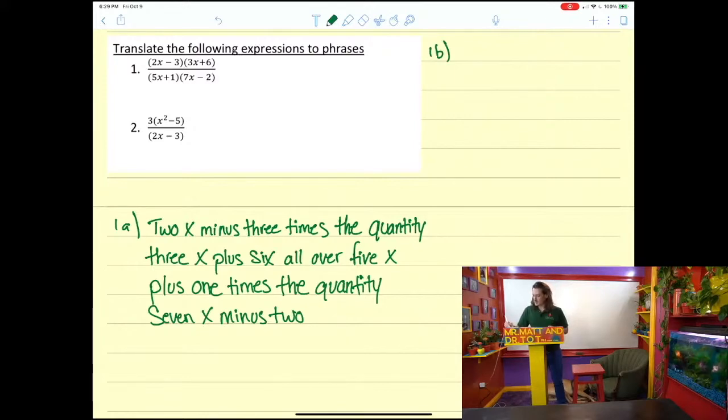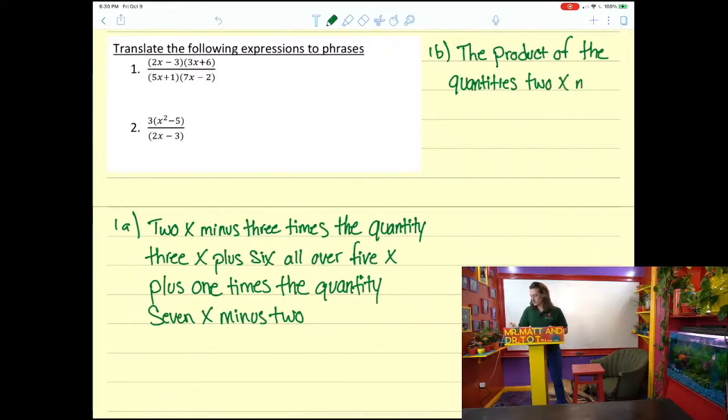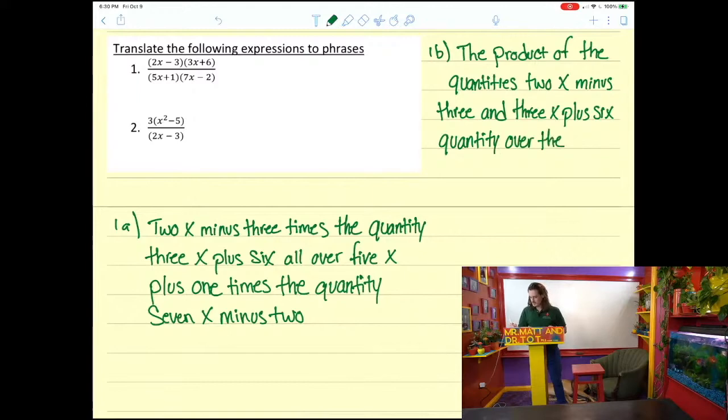So the product of the quantities 2x minus 3 and 3x plus 6, quantity over the product of the quantities 5x plus 1 and 7x minus 2.